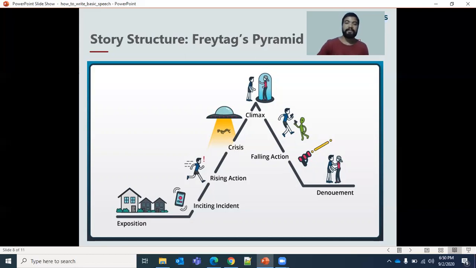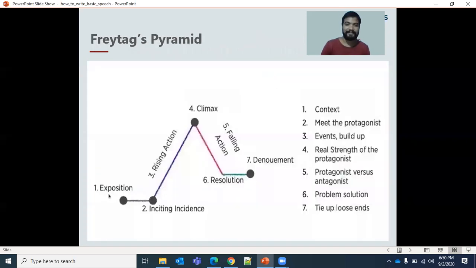After that, one incident happens, then a second incident, and this sequence of events leads to the problems, and after that the climax. This is the main part, and after that falling action, and it ends with a happy story.